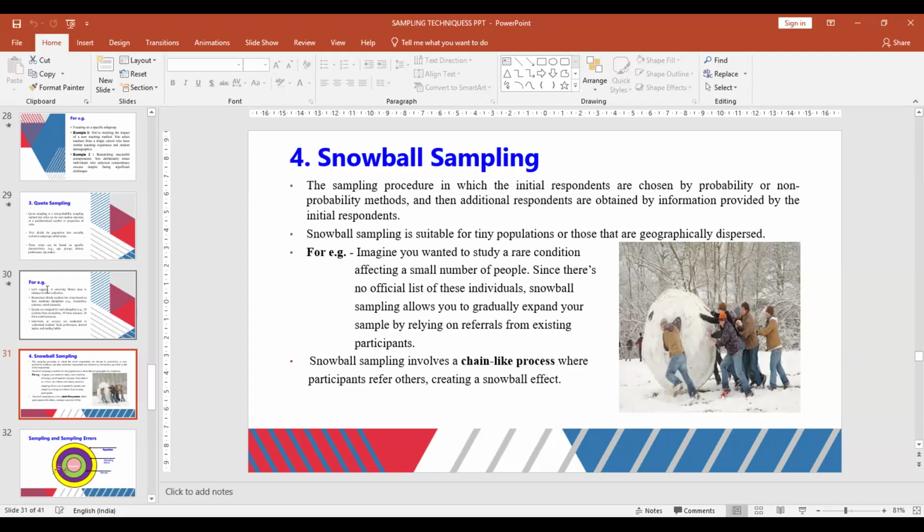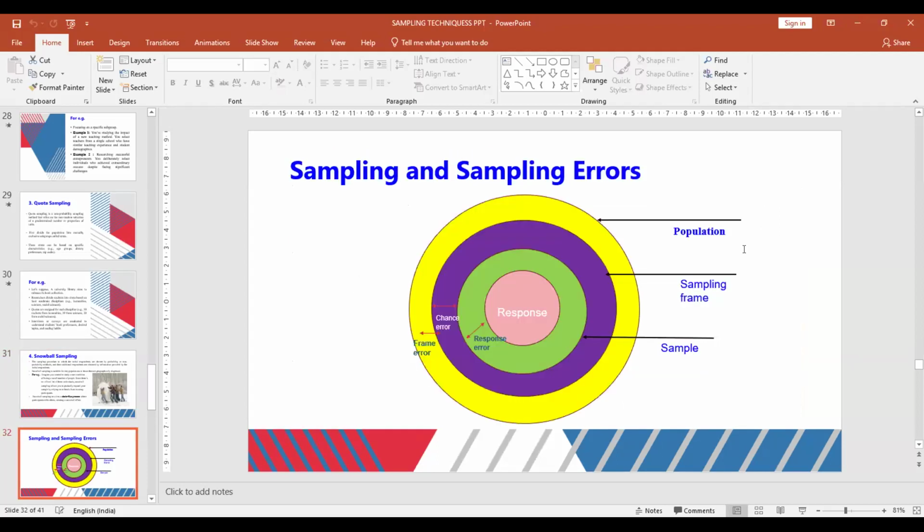Maybe the whole population, if you see in this graph: population, and frame. As we know, sampling means selecting some portion of the respondents from the whole, and from them, sample means response error, chance error, or frame error. For that, I would like to draw your attention.